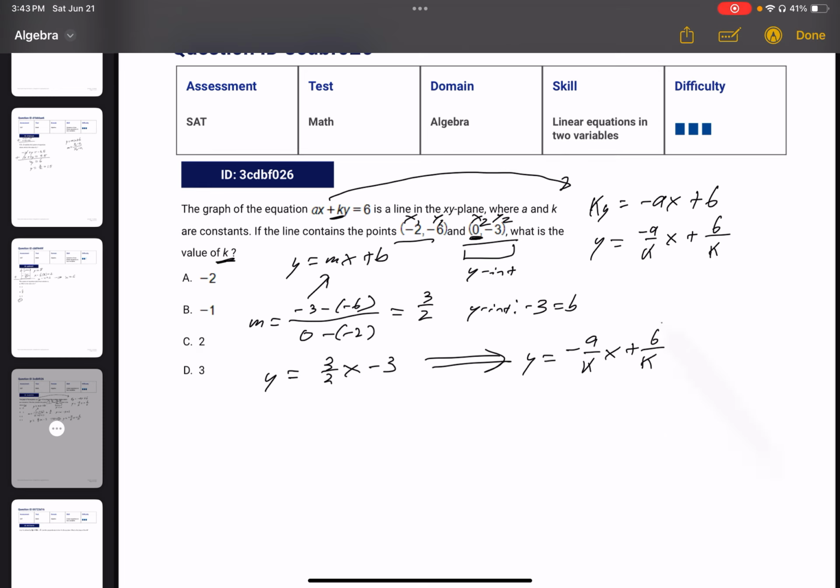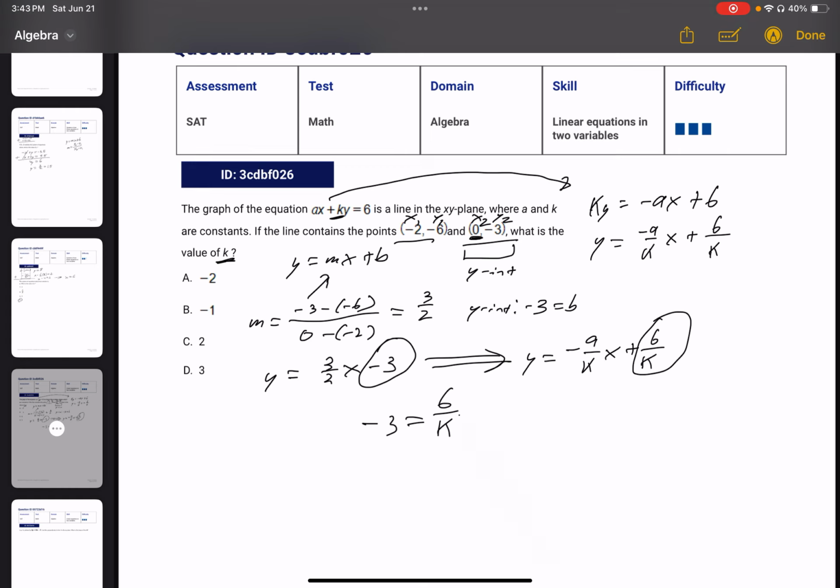If we look at just this, we know that -3 must equal 6 over k, since they're equivalent and the y-intercepts have to be equivalent too, since it's the exact same equation.